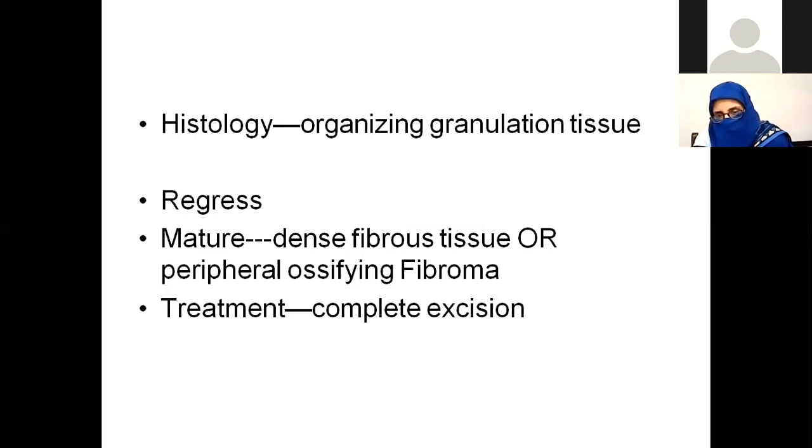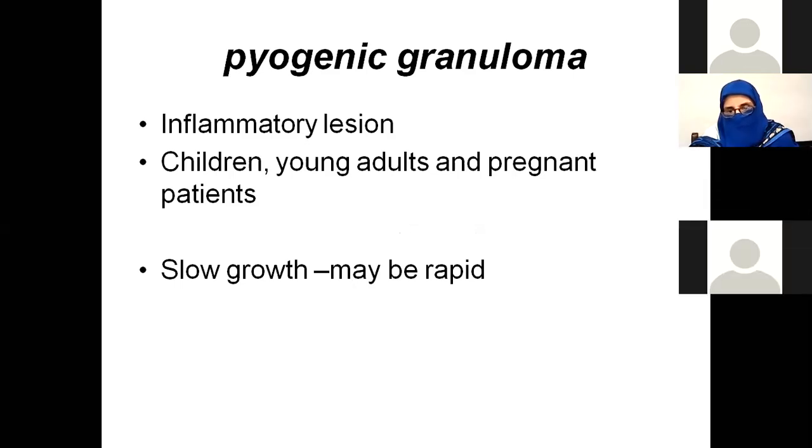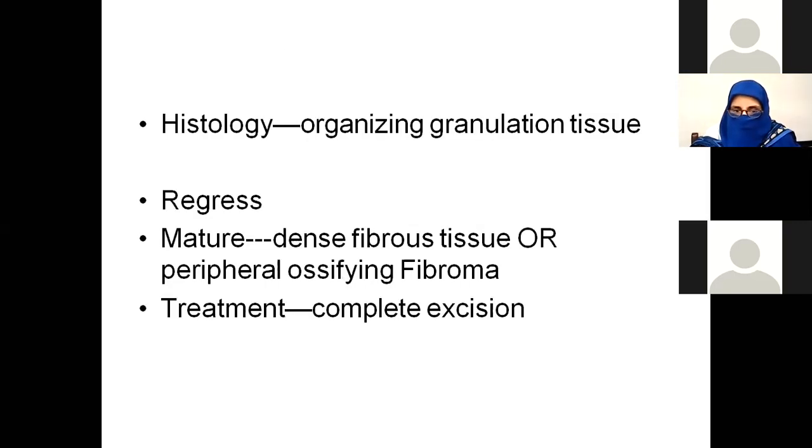I'm going to repeat the points of pyogenic granuloma. As I told you, the history of the pyogenic granuloma was given, and the questions which I have checked were: what is the possible cell of origin, the population affected, histology, and finally the fate.